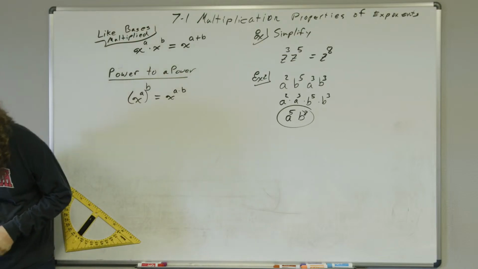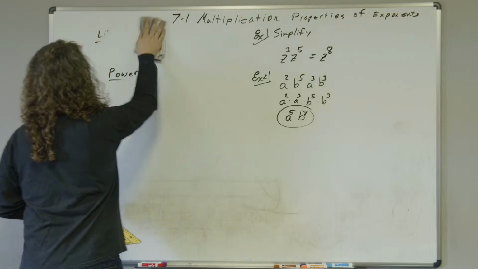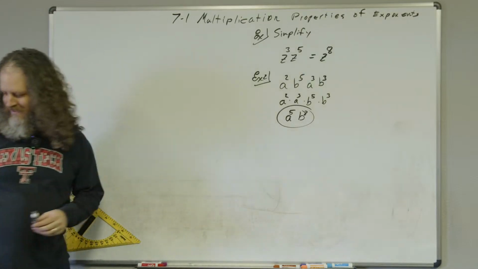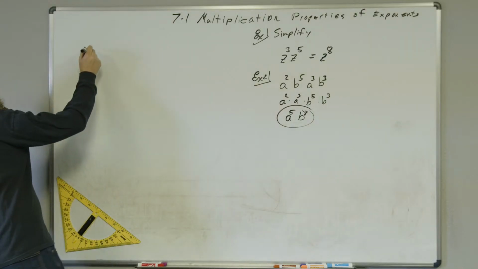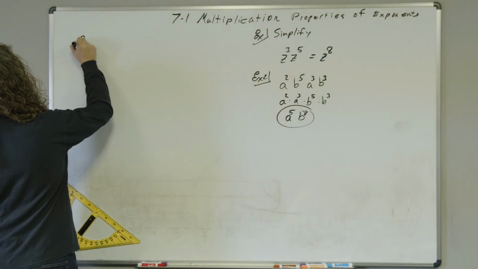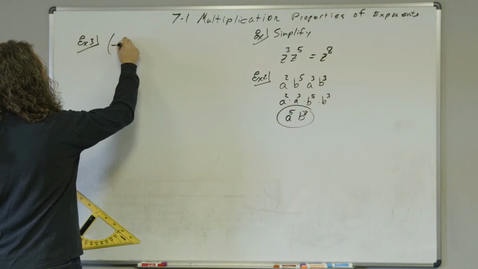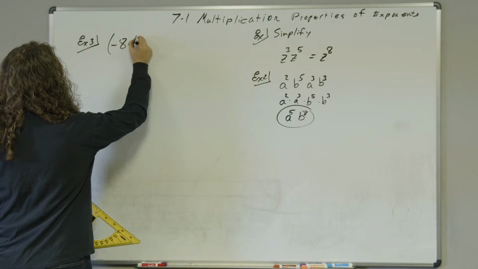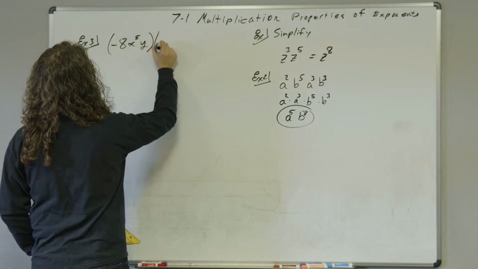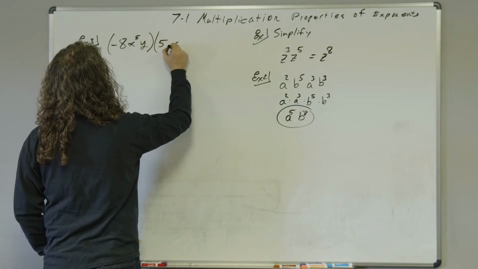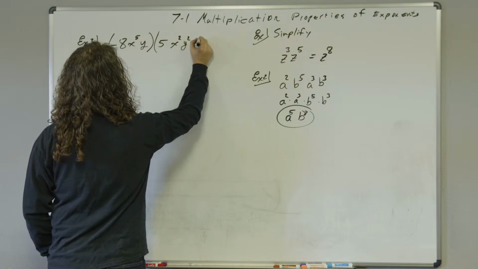Let's do another example. Negative 8x to the fifth y times 5x squared y squared z.